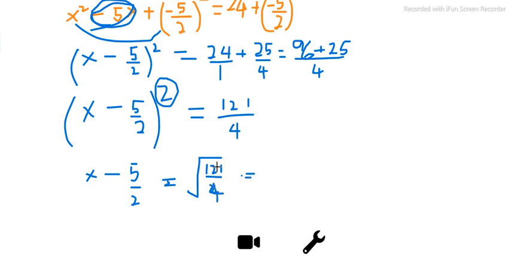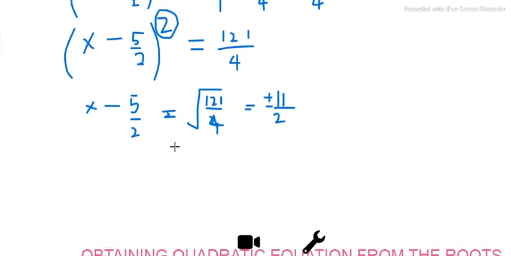The square root of 121 is 11. The square root of 4 is 2. Since the square root of a number can be positive or negative, we include the positive and negative sign at the front. Do you understand that? So we are now left with x minus 5 over 2 equals plus or minus 11 over 2.